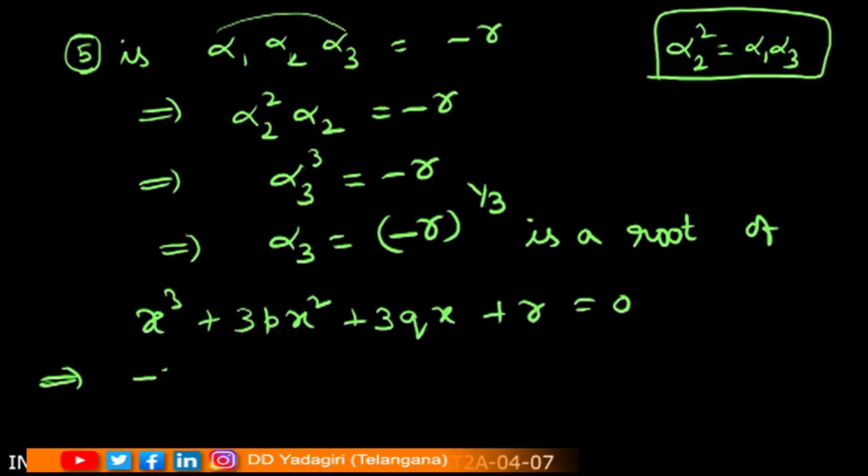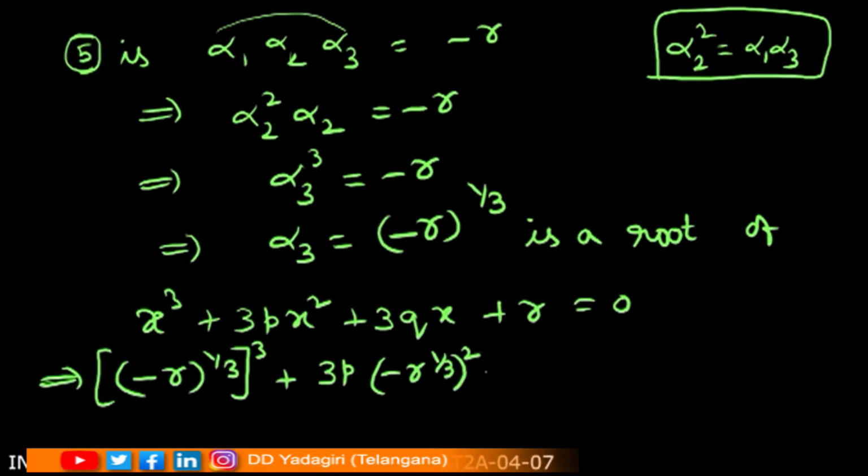So we substitute here: minus r whole to the power of 1 by 3 whole cube plus 3p into minus r whole to the power of 1 by 3 whole square plus 3q into minus r to the power of 1 by 3 plus r is equal to 0.